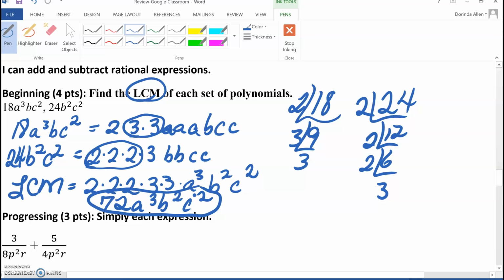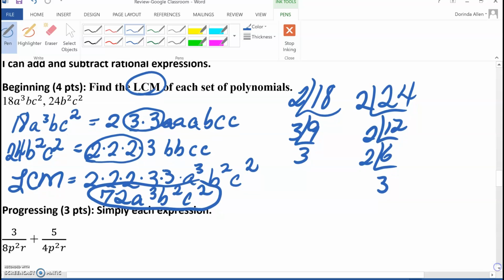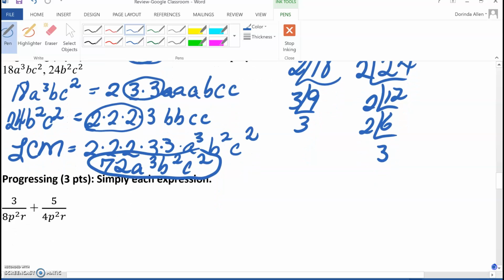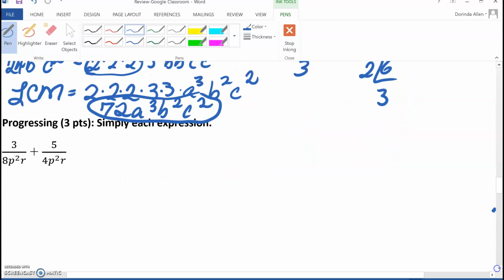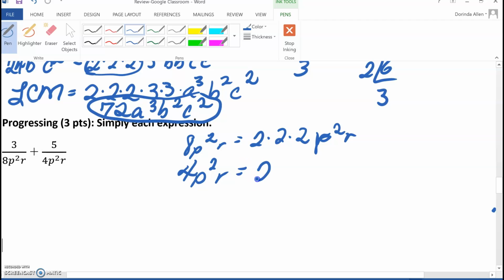Alright, so the reason why we wanted to practice doing least common multiple is because that's what we got to do in order to add. So on this one, we're going to find our least common multiple of 8p squared r and 4p squared r. So 8p squared r breaks into 2, 2, 2, p squared r, and 4p squared r breaks into 2 2's, p squared r.